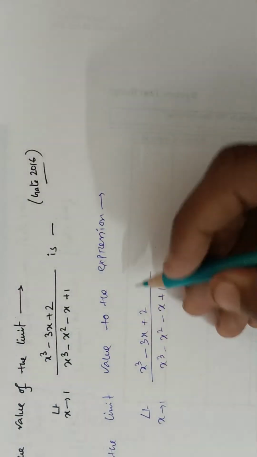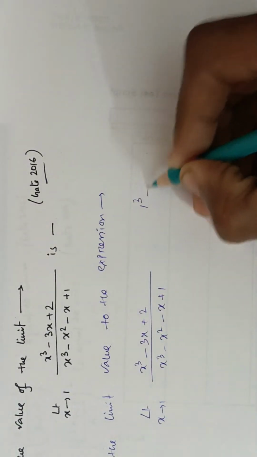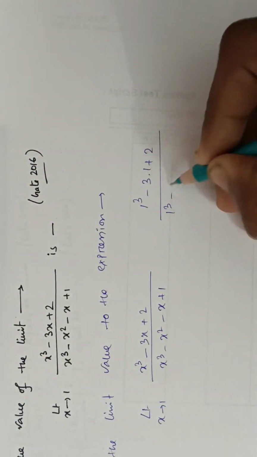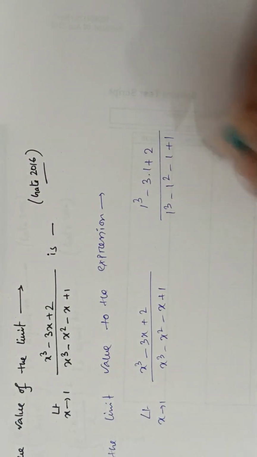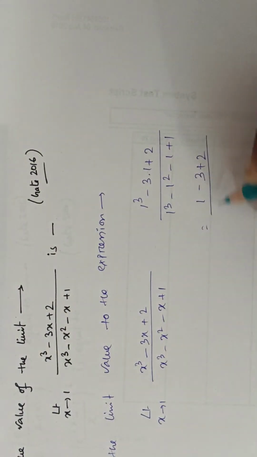If we put x equal to 1, we get 1 cube minus 3 into 1 plus 2 upon 1 cube minus 1 square minus 1 plus 1. So we get 1 minus 3 plus 2 upon 1 minus 1 minus 1 plus 1.